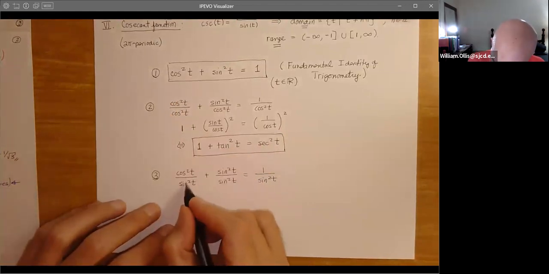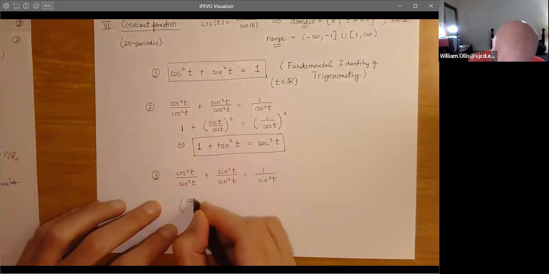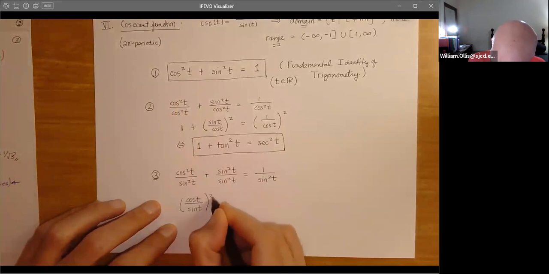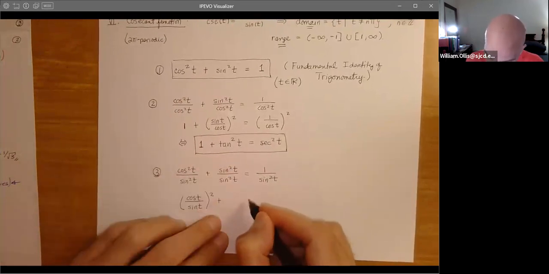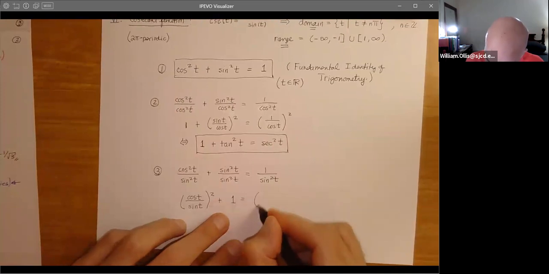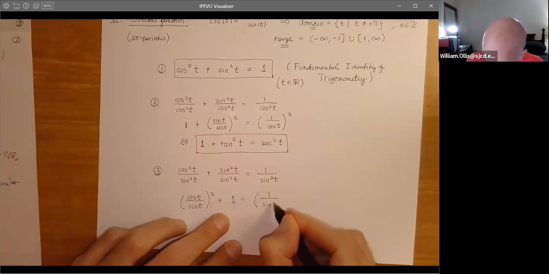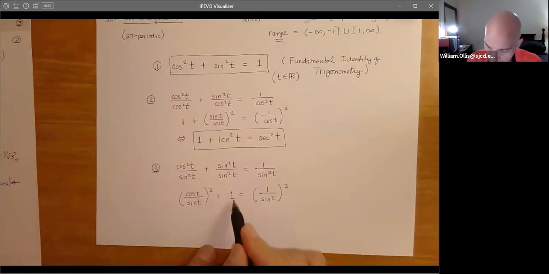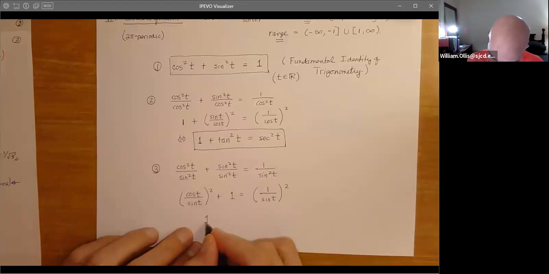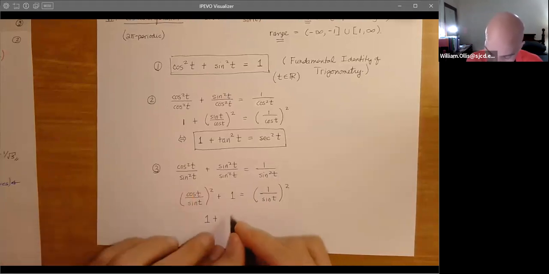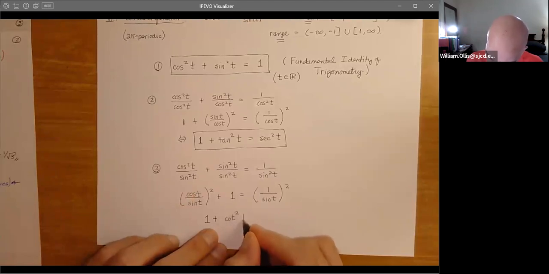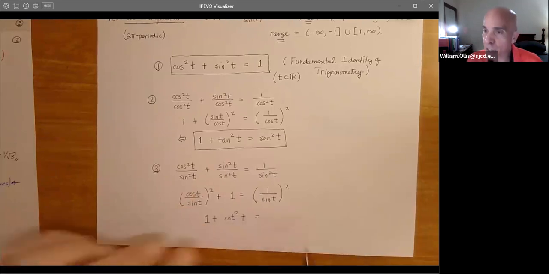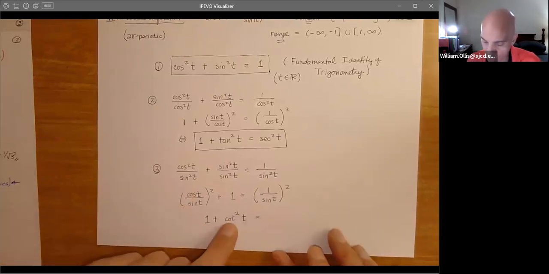So now, of course, this we can write as cosine t over sine t, squared. Now this is just 1, and this will be 1 over sine t quantity squared. It's convention just to write the 1 first. And cosine over sine is cotangent, so we'll say cotangent squared of t, so cotangent of t quantity squared using our shorthand notation.